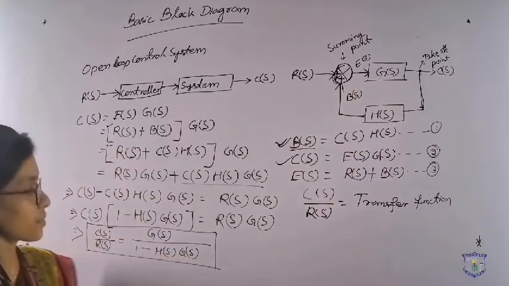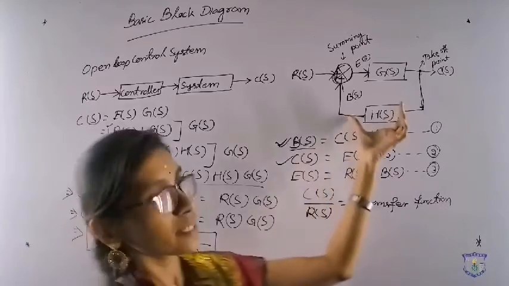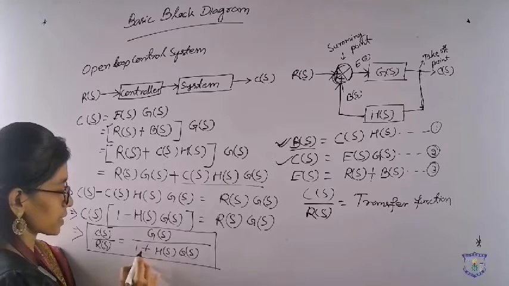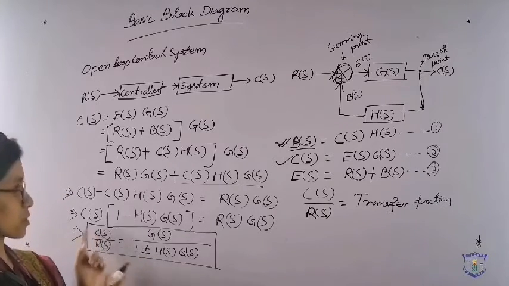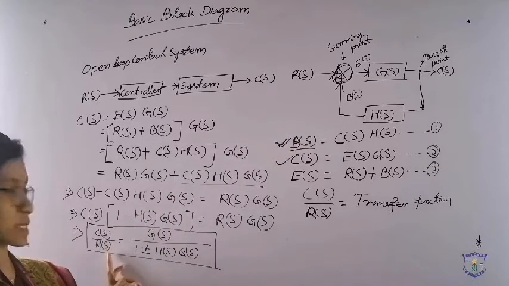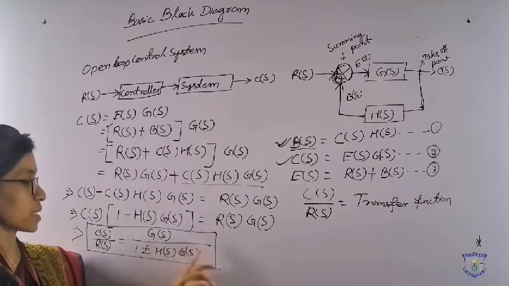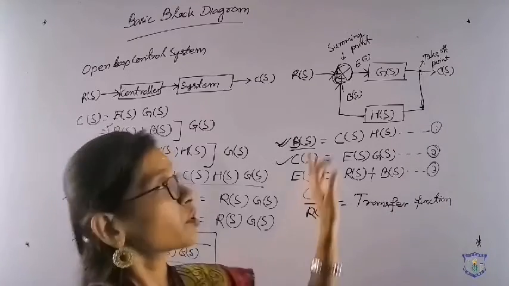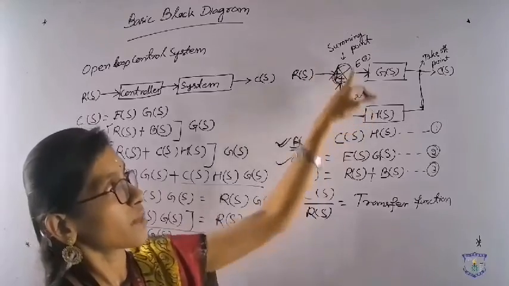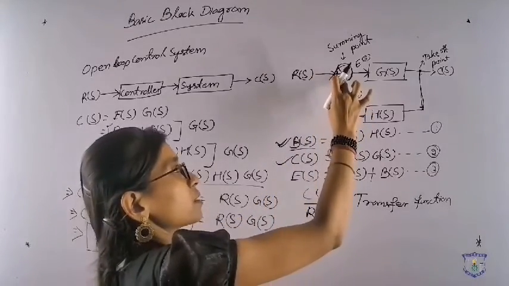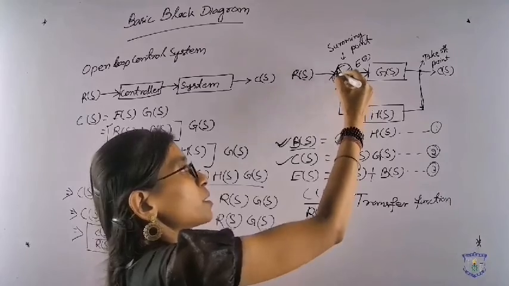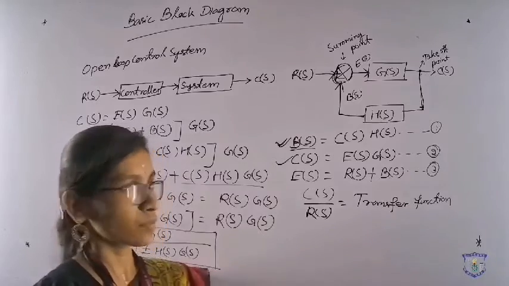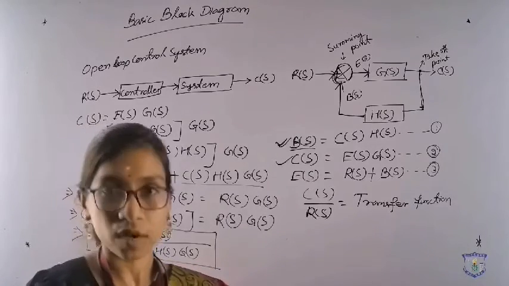So in general, if I write by taking this feedback plus or minus, a general expression I can give: the transfer function of the closed loop system, C(s) by R(s), is equal to G(s) by 1 plus or minus H(s) into G(s). But most of the time we take this feedback as negative feedback, because negative feedback improves the responsivity of the system, the efficiency of the system, and it reduces the noise of the system.